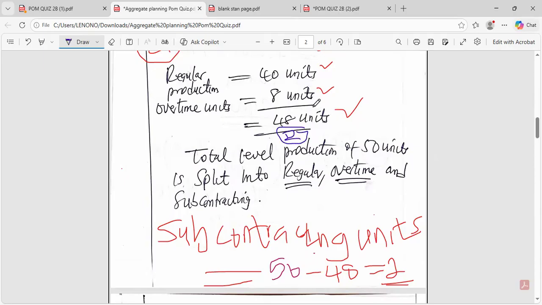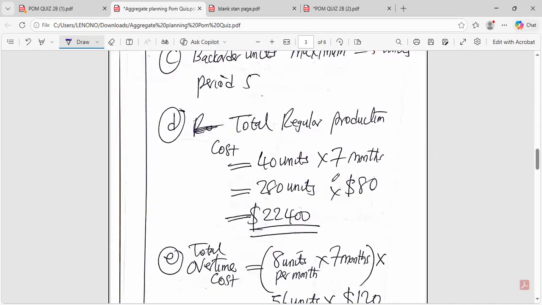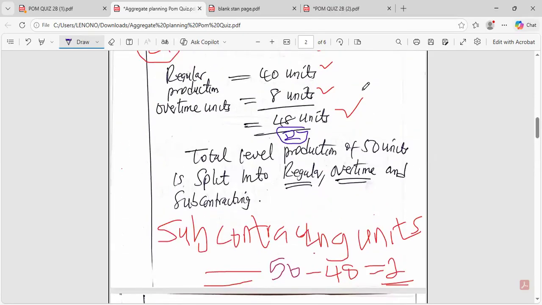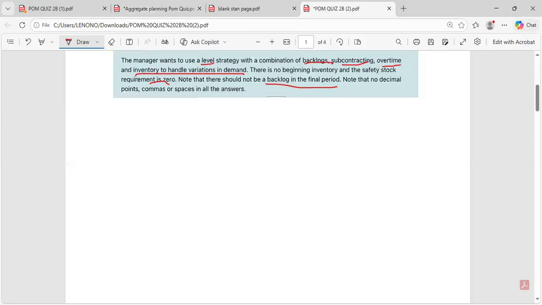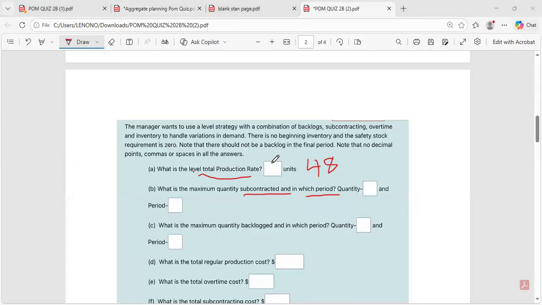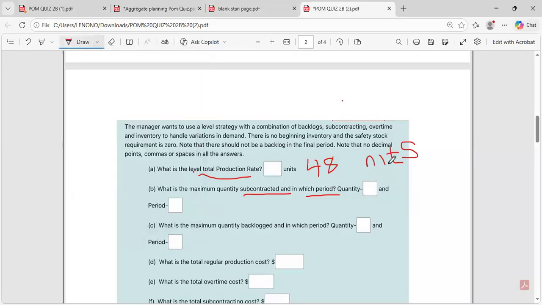So that's why the answer for question A, asking us to find the total production rate, is 48 units, meaning that some of the units were overtime units, and the other units were regular production.